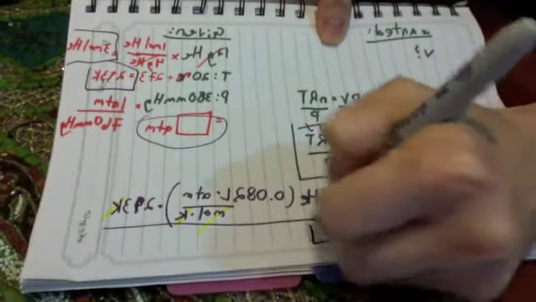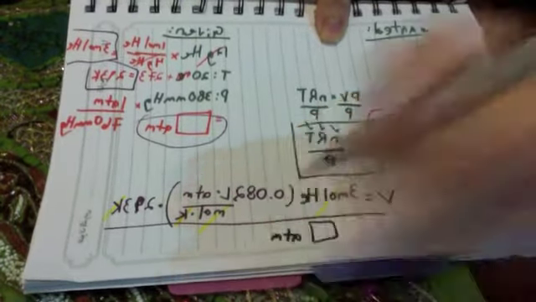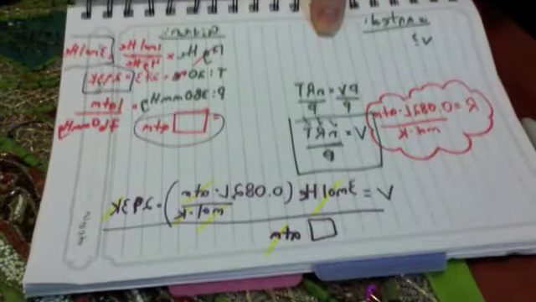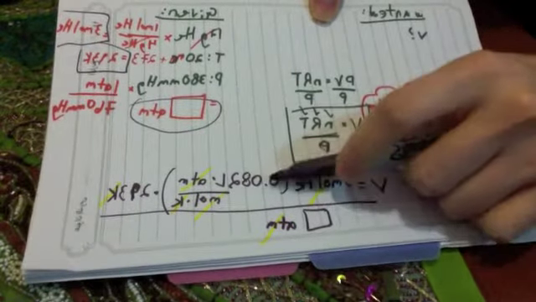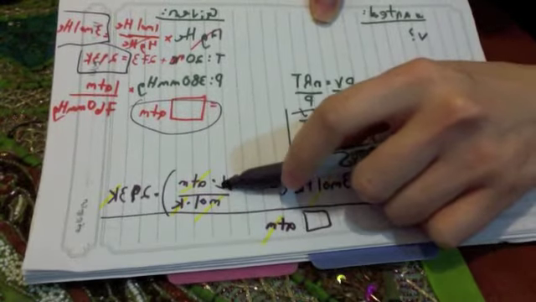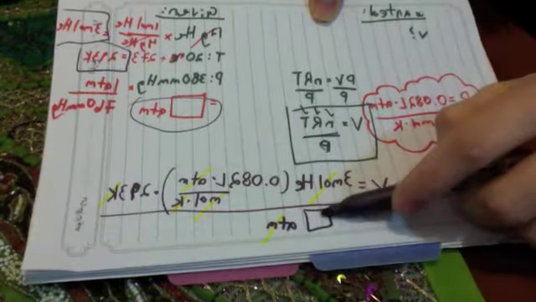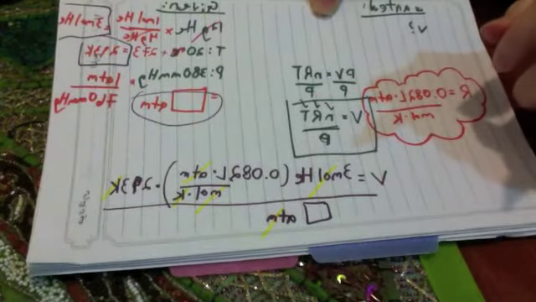I'm going to put whatever my pressure is in ATM, and that will make actually my ATMs cancel. So I'm just left with volume equals 3 times 0.082 liters times 293 divided by whatever number this is. And I wind up with an answer in liters. And that would be how I work out this problem.